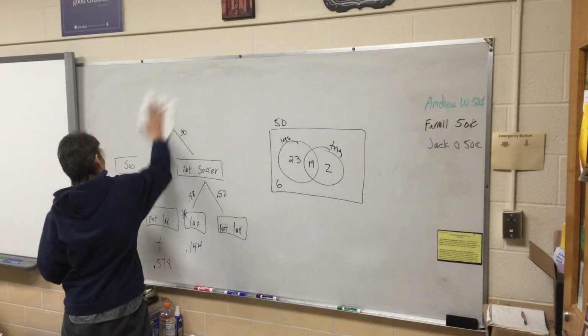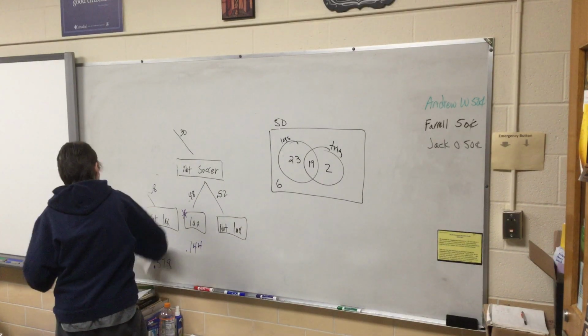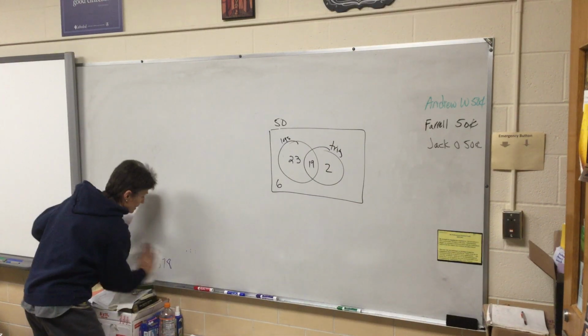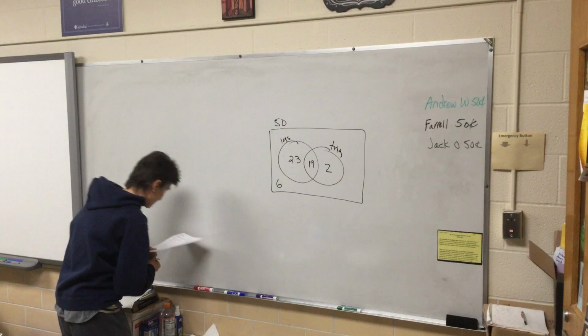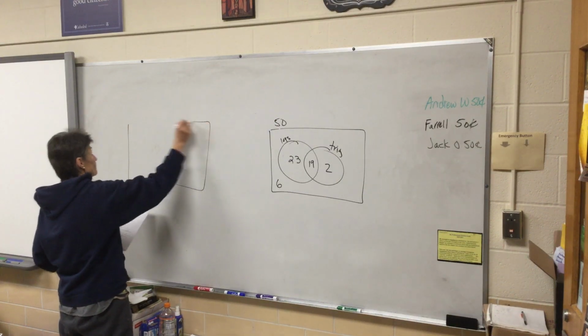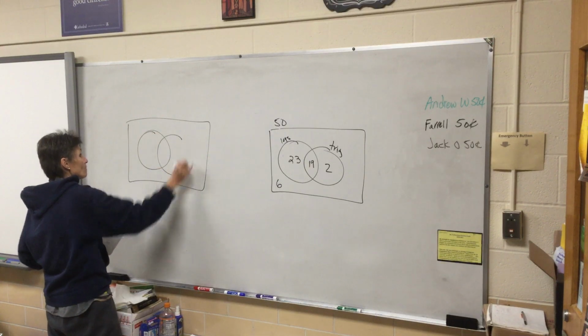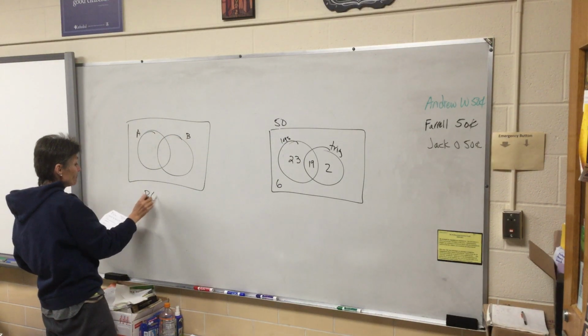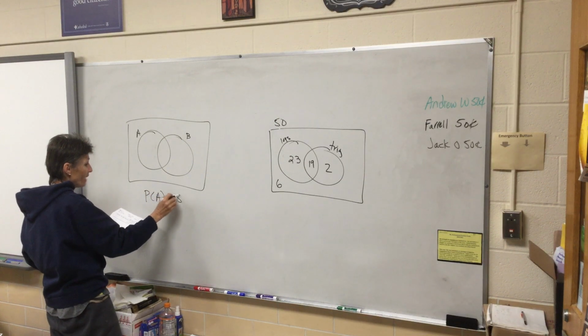All right, now we've got a probability Venn diagram. These are the ones you have to be very, very careful when you start putting numbers in. We've got our A and our B. And the probability of A is 0.5.